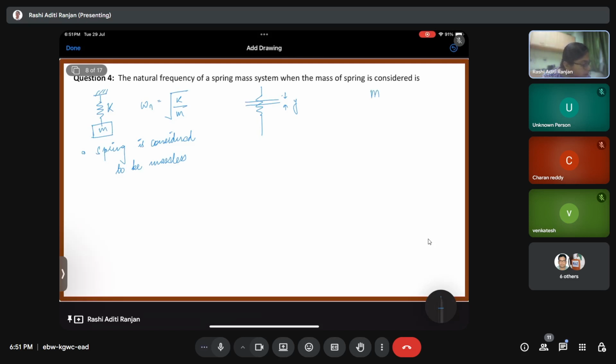If I divide the mass by the total length, let us say L is the total length of the spring, then for this small strip the mass is going to be m by L into y. This is the m dash. And its velocity, since we are assuming it is linear, is going to be x dot divided by L into y.